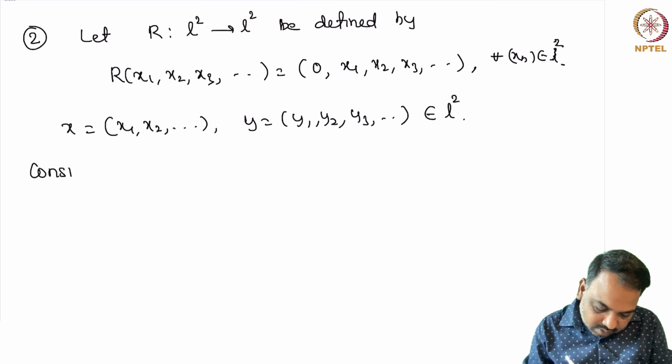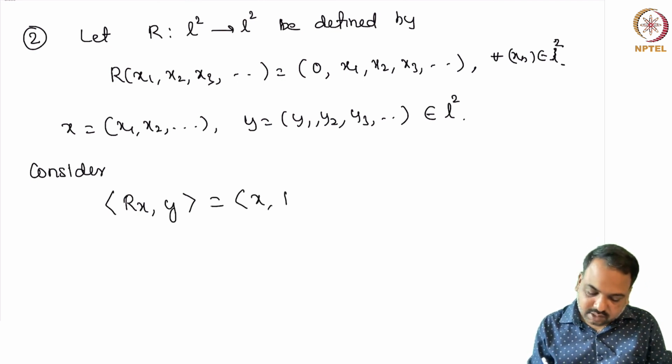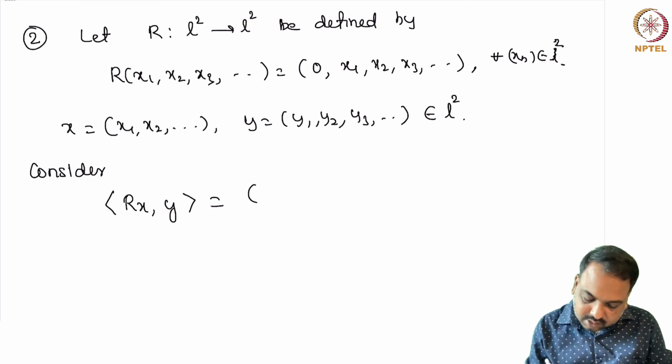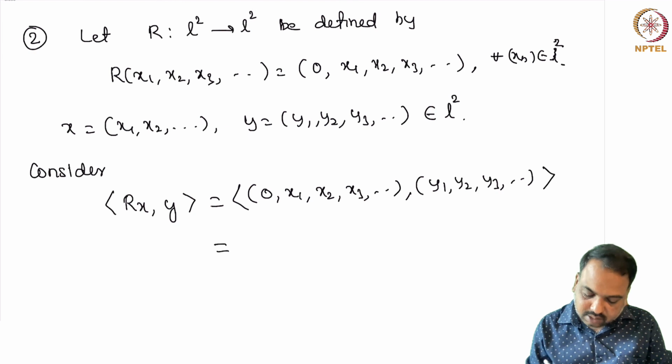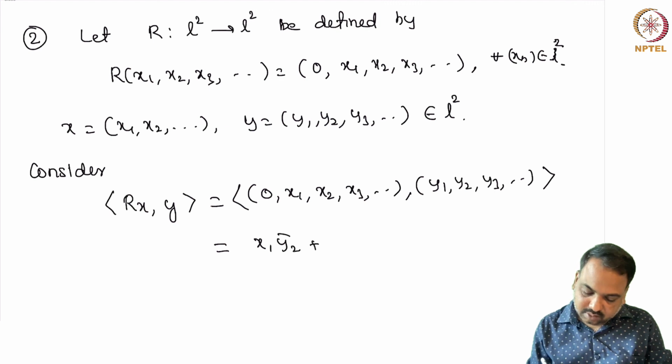So let us look at the inner product of Rx with y and try to write this as the inner product of x with some operator that we call R star y. That is the idea. Rx is nothing but (0, x1, x2, x3, and so on), with inner product with (y1, y2, y3, and so on). This is x1 y2 bar plus x2 y3 bar, and so on.